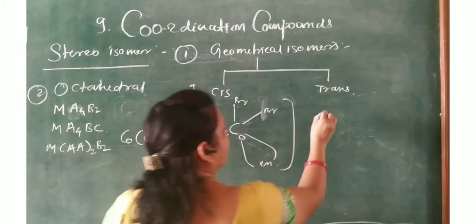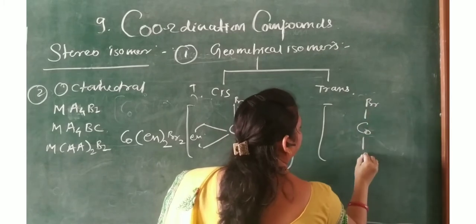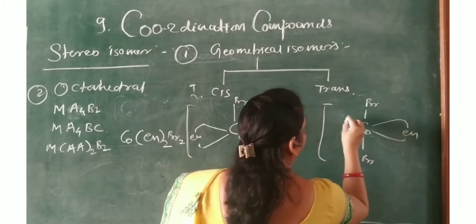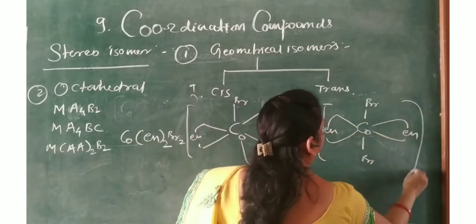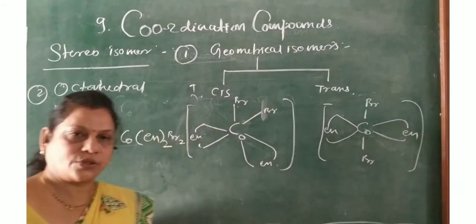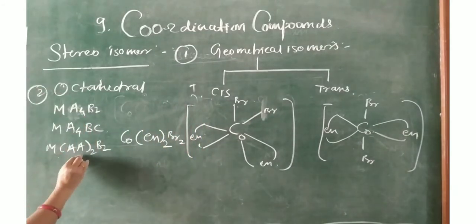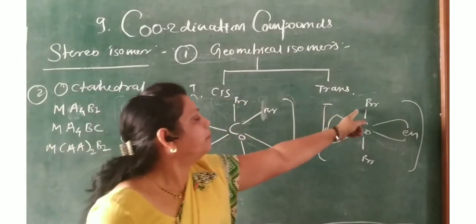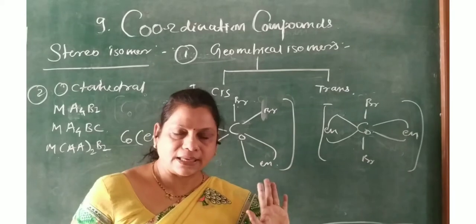And trans isomer, here Co, Br, here also Br, then this is ethylene diamine, here also ethylene diamine, and this is called trans isomer. Means this is Ma2B2 or Ma2BC. If we have Br and Cl, also the same cis isomers and trans isomers.